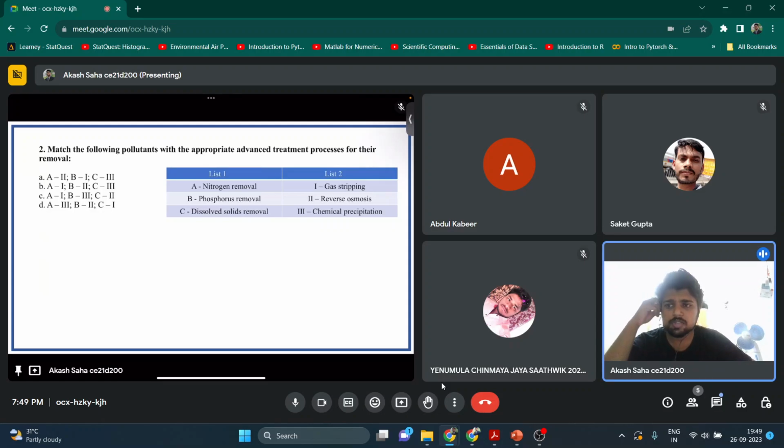So how do we remove the nitrogen? Which of the following? You don't have any idea? What are the different processes to remove nitrogen? You can at least try.